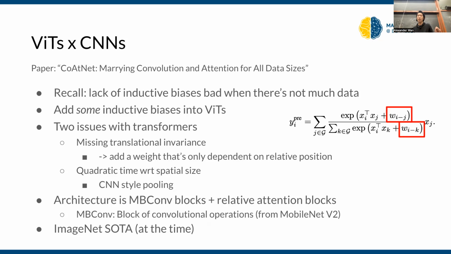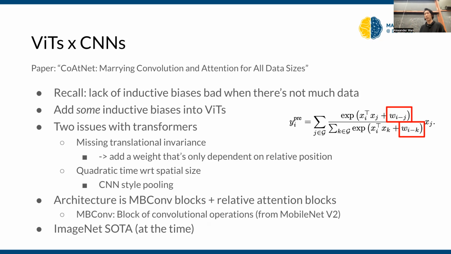Whereas with this learned set of weight vectors, you can just say, if the distance between two tokens is 0, then add a huge weight, and if the distance between two tokens is small, then add a negative weight, or something.